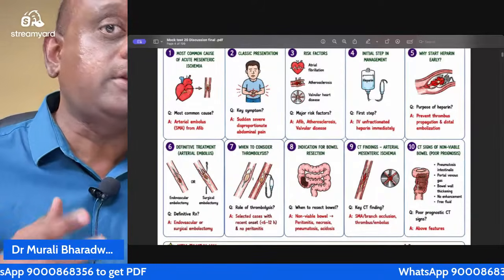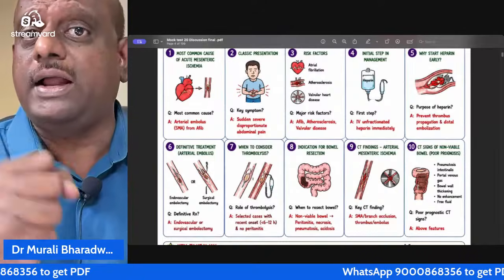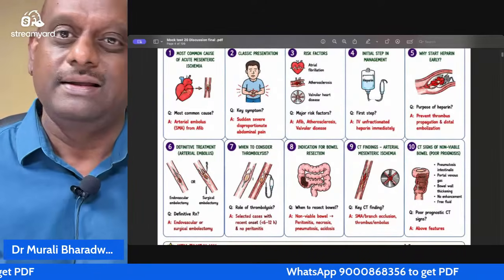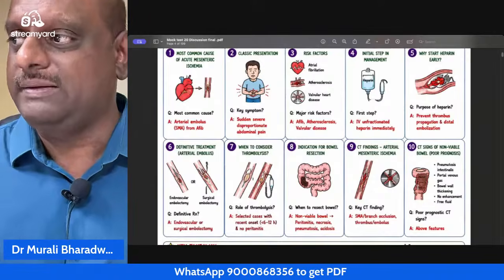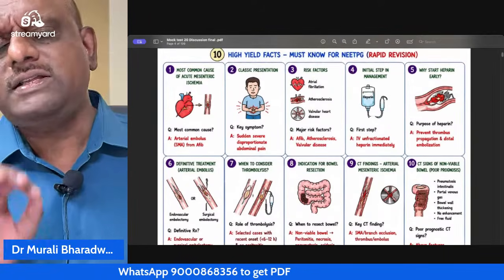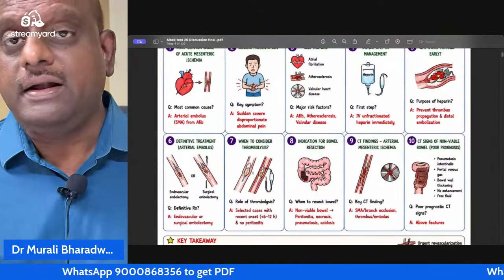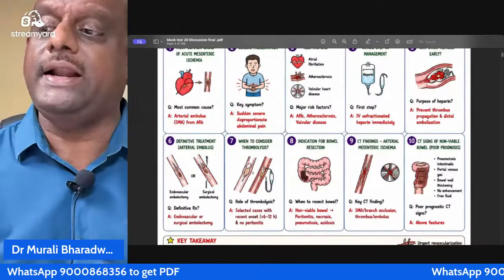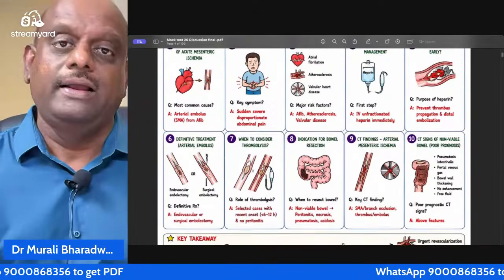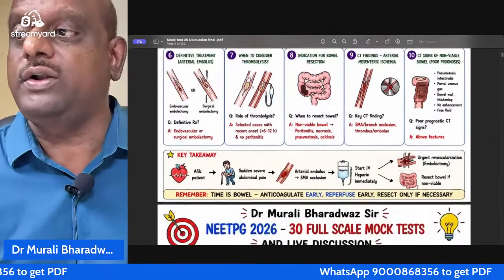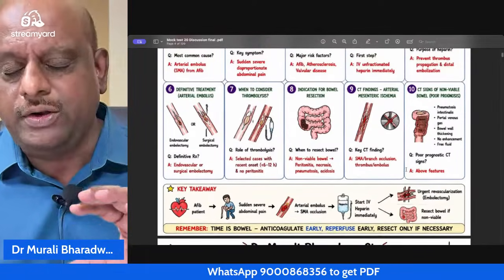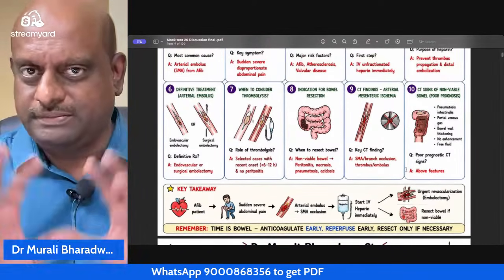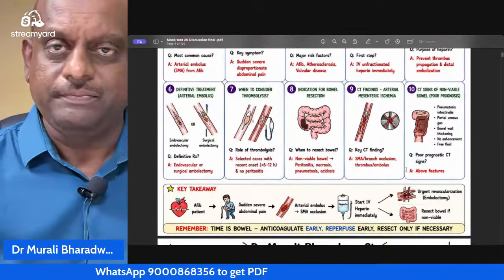In elderly people, atherosclerosis can cause narrowing of the blood vessels, leading to ischemia. Always the first step is intravenous unfractionated heparin, to be given immediately, is what you need to remember. The remaining 10 points, try to remember and revise along with your friends.